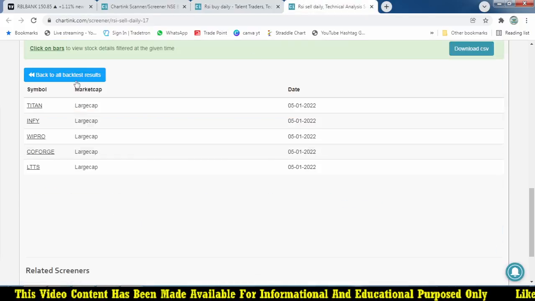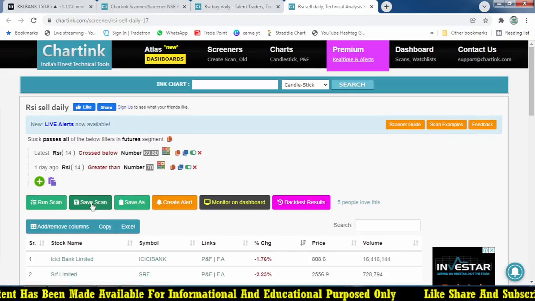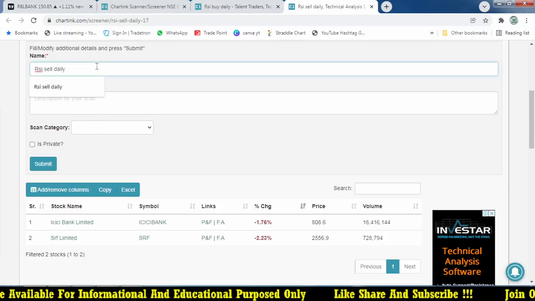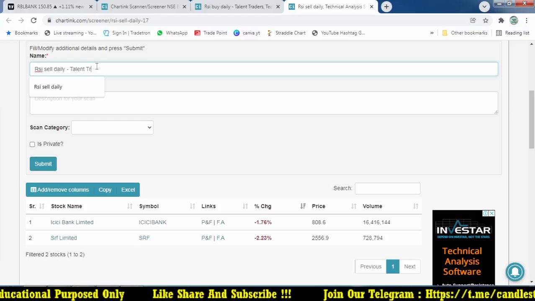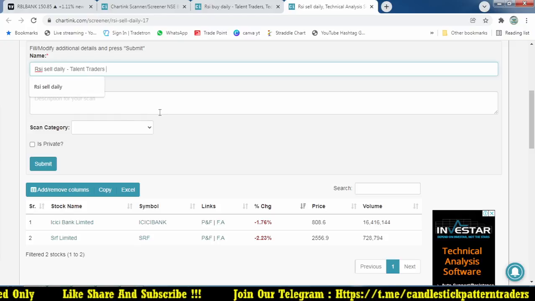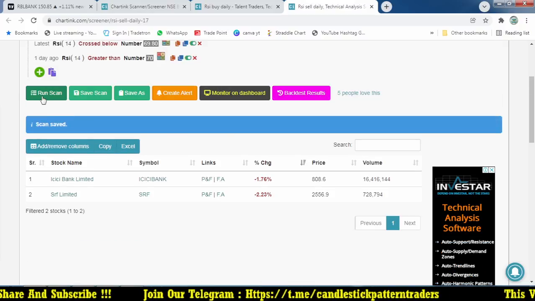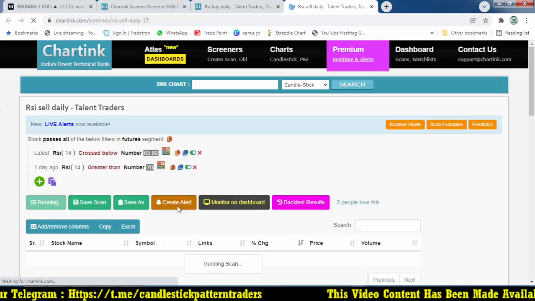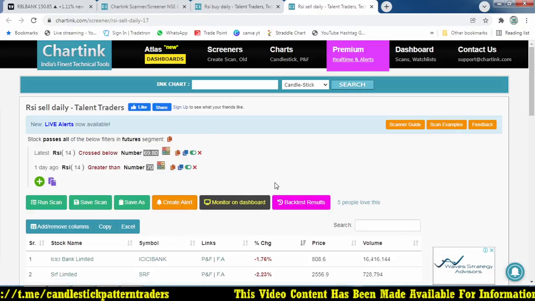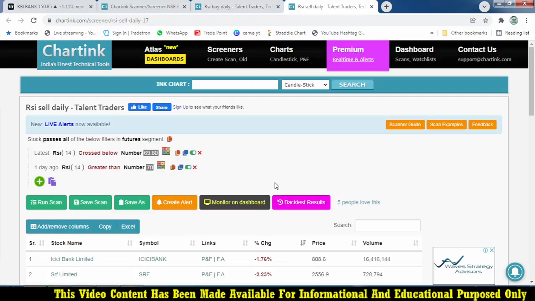And the sell daily also I'm going to change. So now the scan name is changed. You can make use of the scanner and try. It is positional, not for intraday. If you are looking for an intraday opportunity, don't go for this. It's a positional trade, you can plan it as a positional trade.